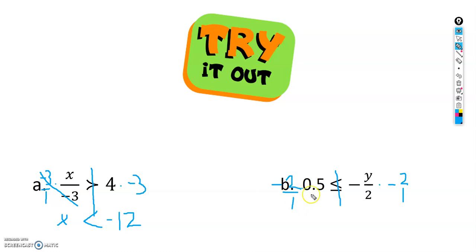Or I could just do times negative 2. I just multiplied by a negative number. Again, if I multiply or divide by a negative number, I'm going to flip the direction of my inequality. These cancel, leaving just my y. Negative 2 times negative 0.5 will give me a negative 1.